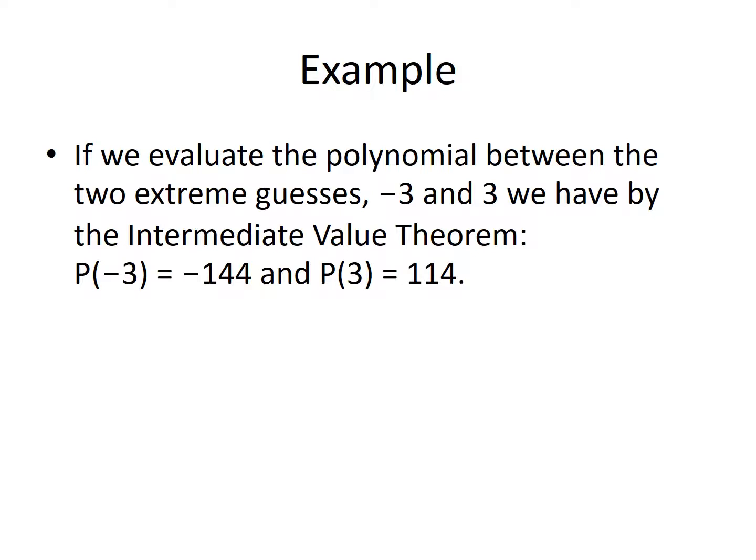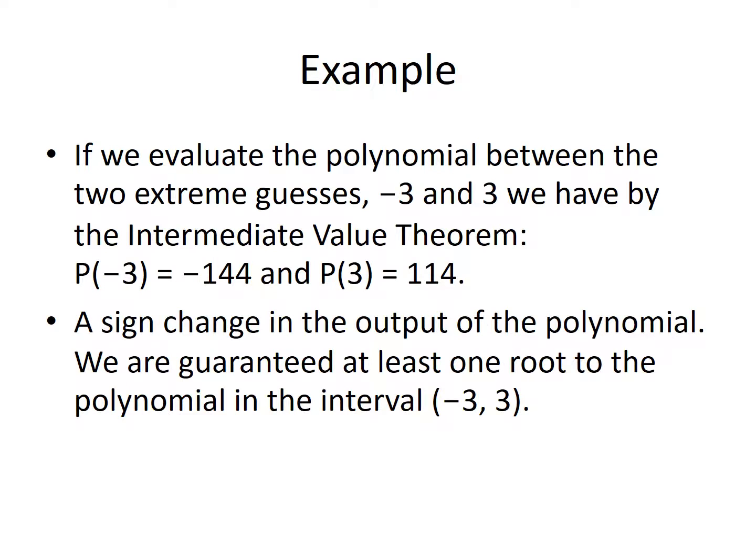So if we evaluate the polynomial between the two extreme guesses, negative 3 and positive 3, by the intermediate value theorem, we have p at negative 3 is negative 144, and p at positive 3 would be positive 114. A sign change in the output of the polynomial, we are guaranteed at least one root to the polynomial inside the interval negative 3 to 3, and this is a direct result of the intermediate value theorem.